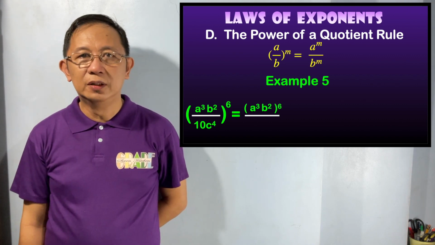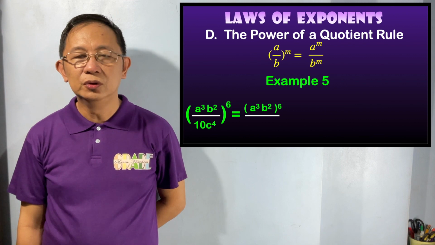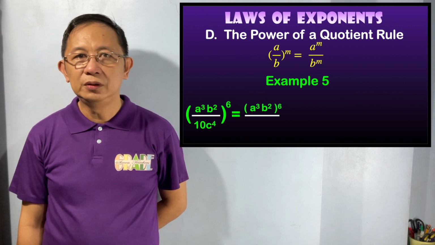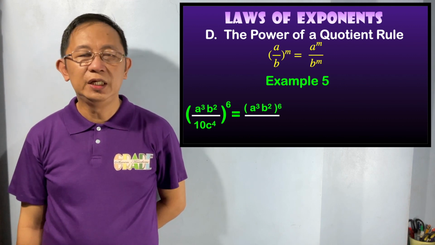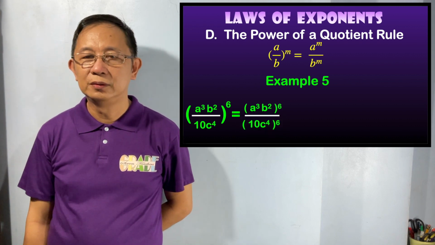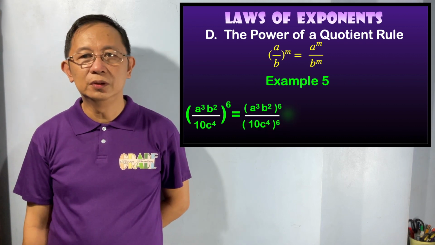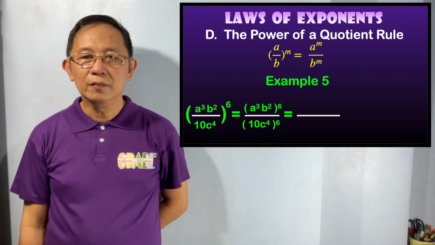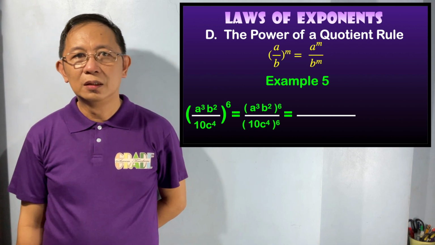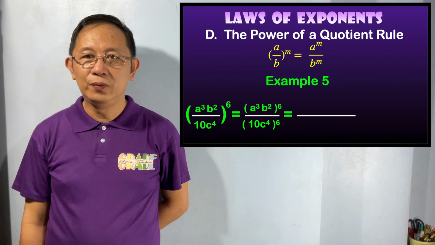You will share also the exponent 6 to the denominator, which is 10c to the 4th power. And this is equal to, applying the power of a product rule, we will share 6 to a cubed and b squared.